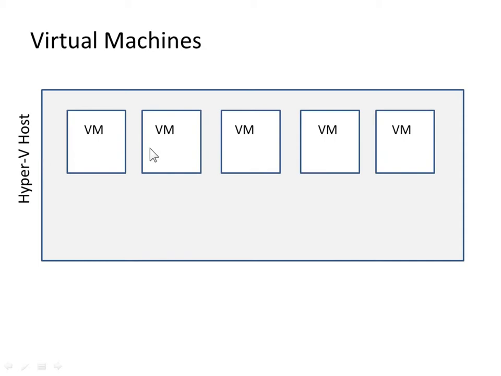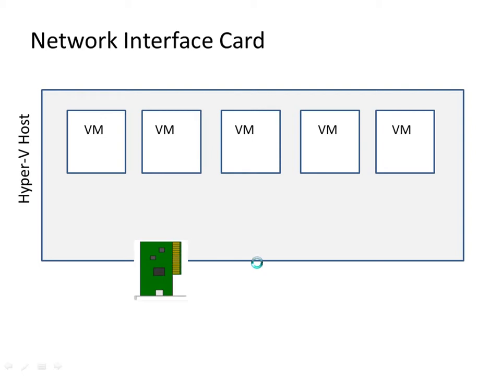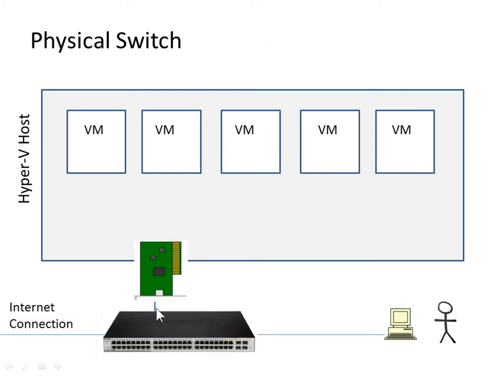There are multiple virtual machines running in the Hyper-V host computer. And there is typically at least one network interface card which is located in the Hyper-V host computer. And that physical network interface card connects to a physical switch, which connects to users at their workstations, and it also connects to the router, which connects us to the outside world.